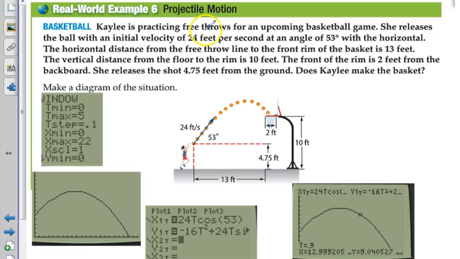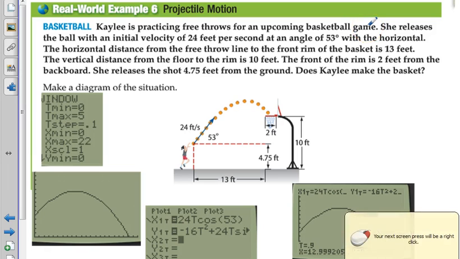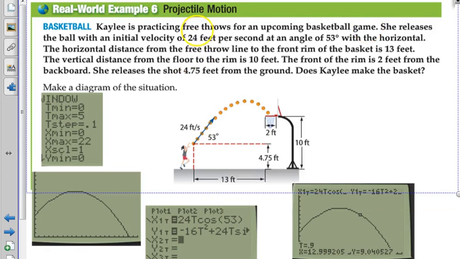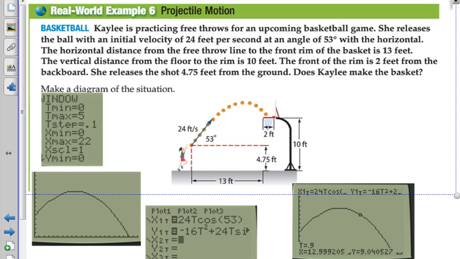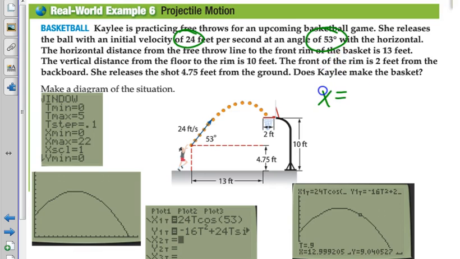It says, Kaylee's practicing free throws for an upcoming basketball game. She releases the ball with an initial velocity of 24 feet per second at an angle of 53 degrees with the ground. So the formula off the sheet says x equals t times her initial velocity times the cosine of the angle.